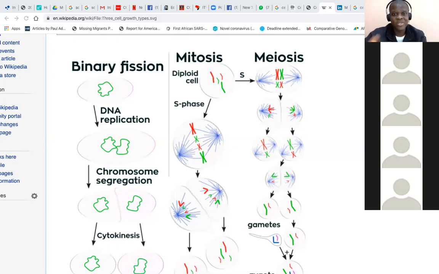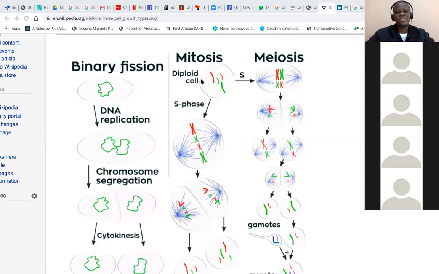So look at what you have on the screen. Even though we have binary fission, we said bacteria and several other lower organisms are the ones that multiply using binary fission. But in human beings and several other high-level organisms, the method is either mitosis or meiosis, depending on the purpose and the type of cell that is involved.